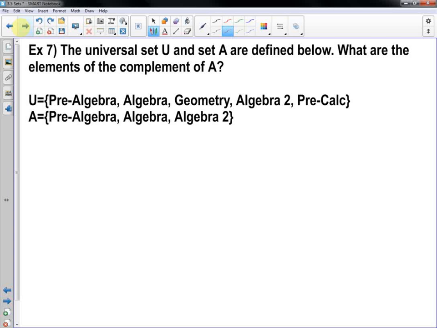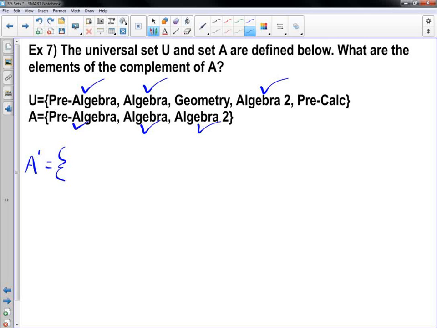Set A is pre-algebra, algebra, and algebra 2, or the algebra classes. What we want to know is the complement, let me call this A prime, the complement of A, which means what am I missing from the universal set? So if I look, I got pre-algebra, I got pre-algebra. I got algebra, I got algebra. I got algebra 2, and I got algebra 2.